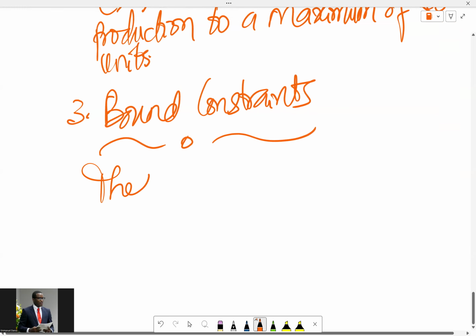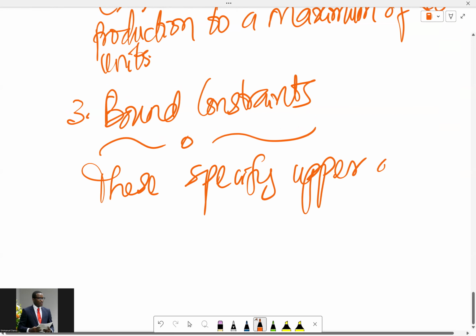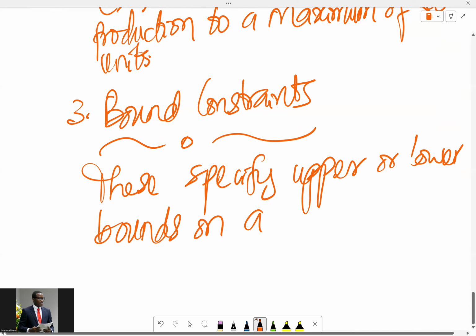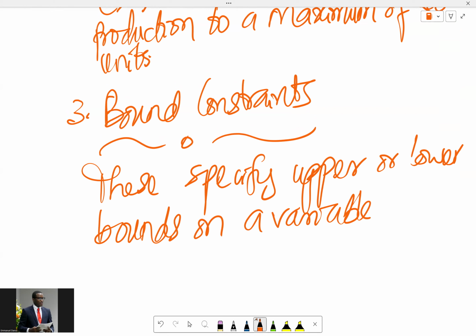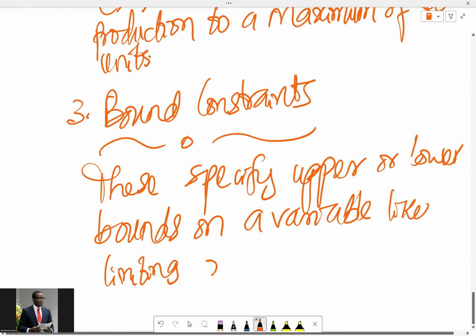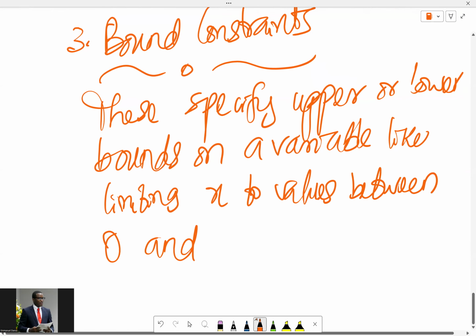So these actually specify upper or lower bounds on a variable. Like limiting x to values between 0 and 100.